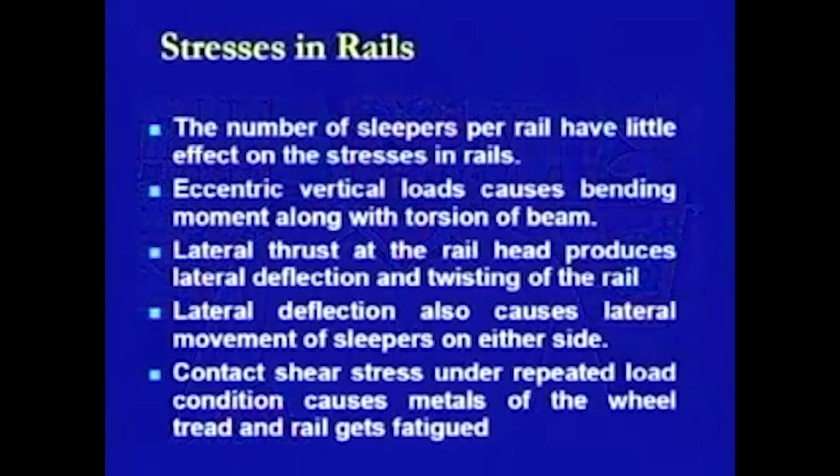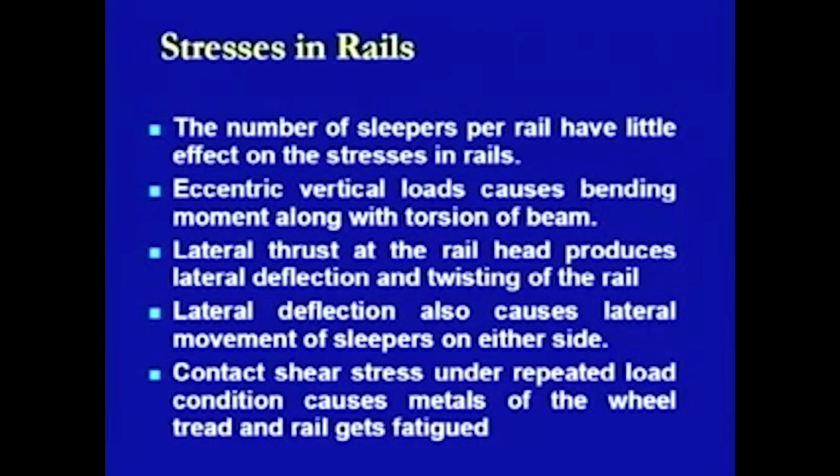Then the next thing is the contact shear stress. Now, this contact shear stress, as we have seen in one of the slides previously, where an interaction was shown in terms of cylindrical movements of the wheel on the cylindrical surface of a rail. When this type of contact is there, it may cause a certain amount of shear stress because of the repeated load conditions.